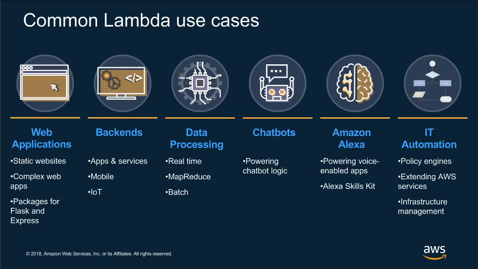We then have actual application backends, so things like microservices that exist as components of a larger application, mobile backends, IoT backends, where the client or the device is just directly interfacing with this API without, say, something like a web interface in front of it.